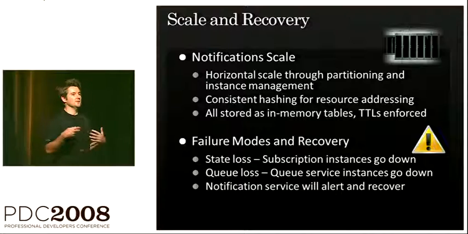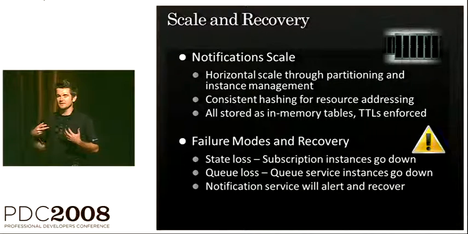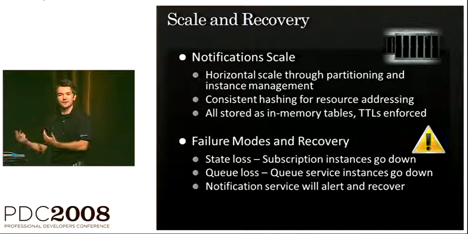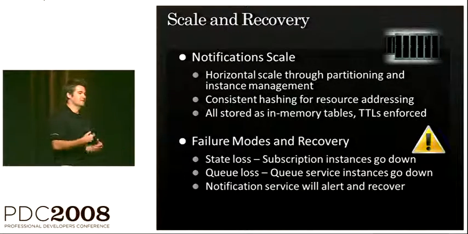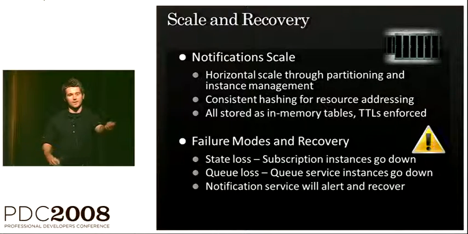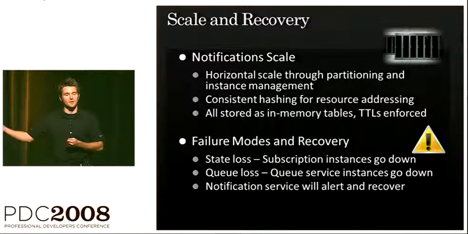A notification queue loss can be a little more involved. Effectively, what this means is, you've gone to the post office to get your queue and it's gone. They say they lost it or it caught on fire or whatever. And they say, sorry about that, we'll give you back a new address, and then you can use that address to resubscribe.